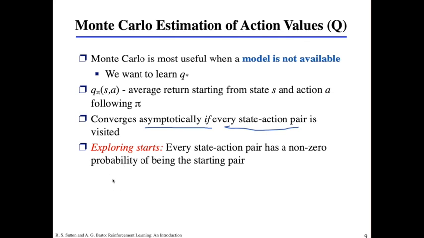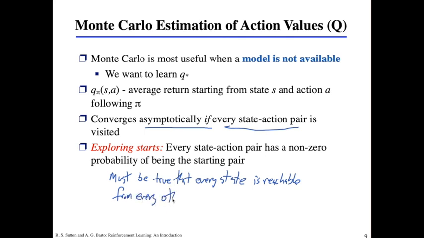Another thing they don't mention here is that it has to be true that every state is reachable. If some states are not reachable eventually, then you can't learn the entire system.